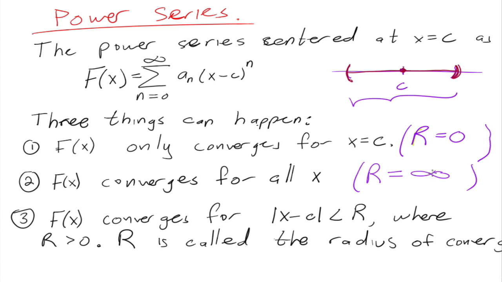And r is basically this distance right here, the distance from c to one side of the interval. So that's the r. That's where radius comes from. Okay, so far so good? The terminology?